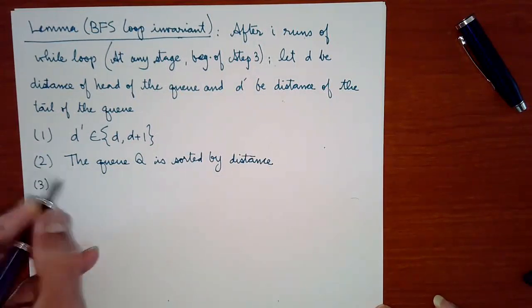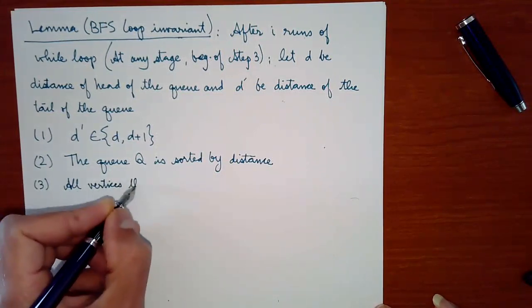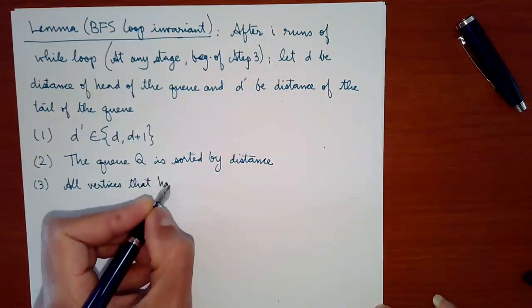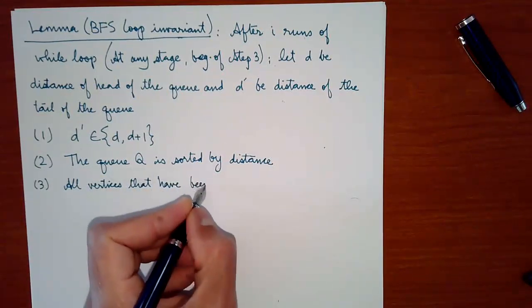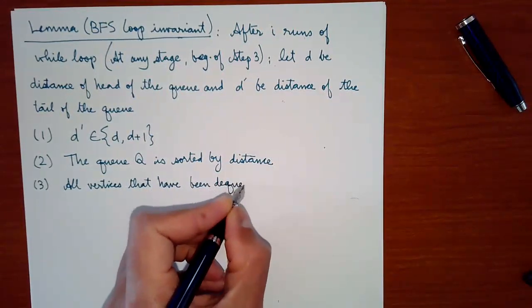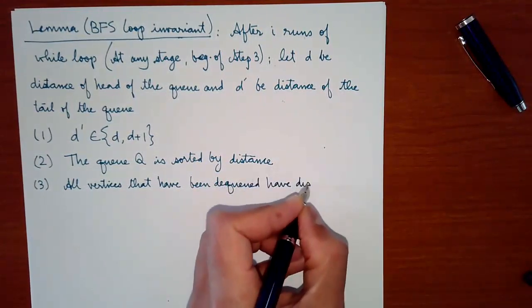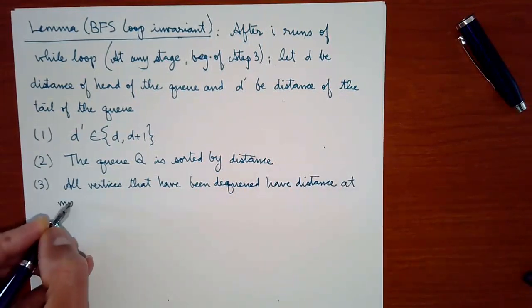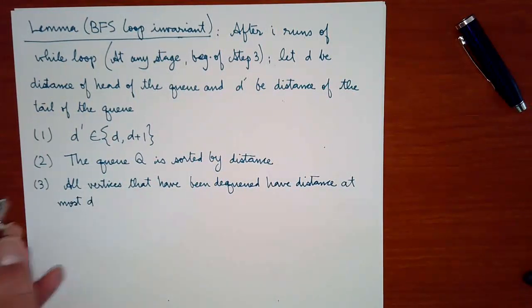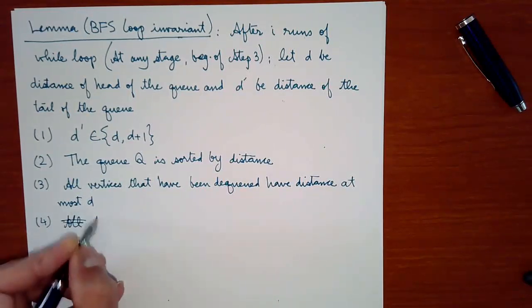And then we have, all vertices that have been dequeued have distance at most d. Sorry, it's written poorly.